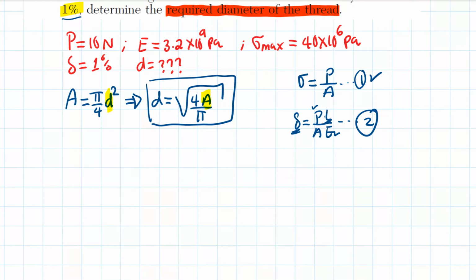And in both cases here we want to find the area.